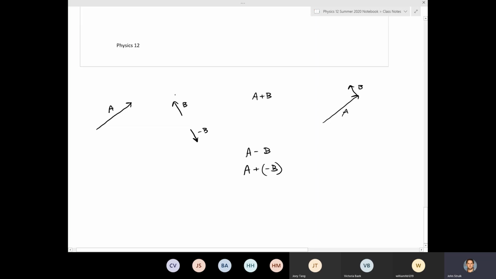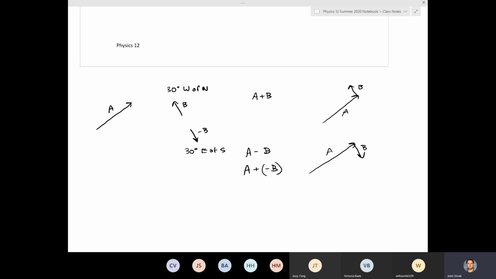So if this is, let's say, 30 degrees west of north, then this one would be 30 degrees, opposite of west is east, opposite of north is south. Exact opposite. So A minus B would look like this. You're just adding B to A, but you're flipping B. That's all you're doing.